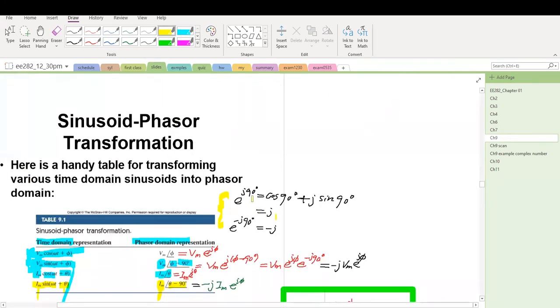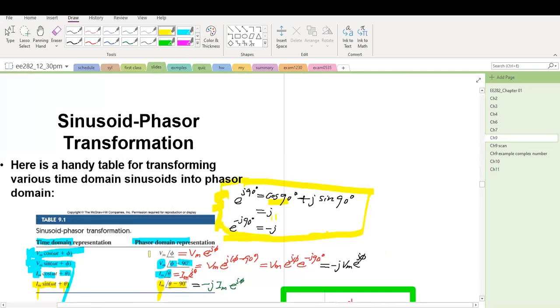It's very handy to know the special case where phi equals 90 degrees: e to the power j 90 degrees equals cosine 90 degrees plus j sine 90 degrees, which equals j, because cosine 90 degrees is 0 and sine 90 degrees is 1. And e to the power minus j 90 degrees equals minus j. It's very handy to know this. If not, we organize them into a formula sheet.